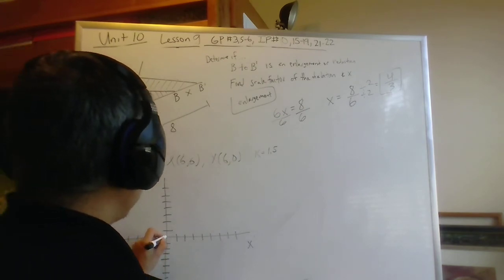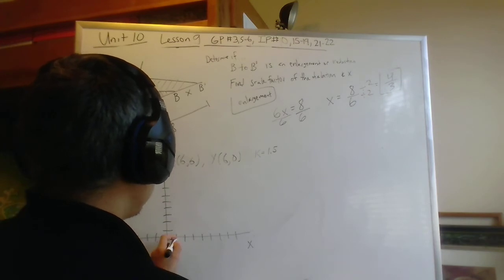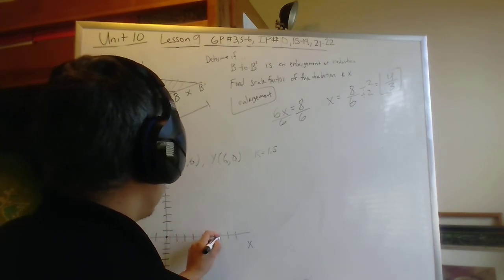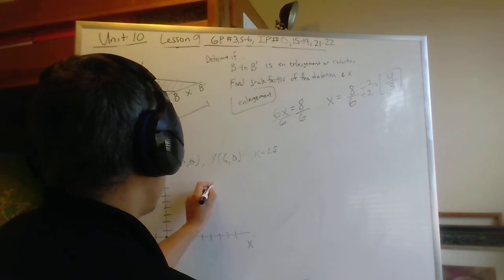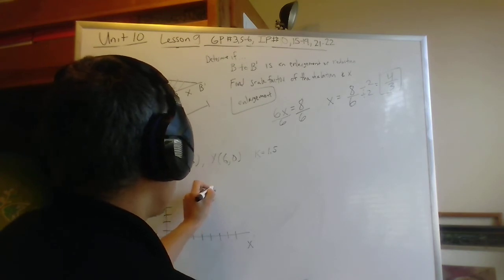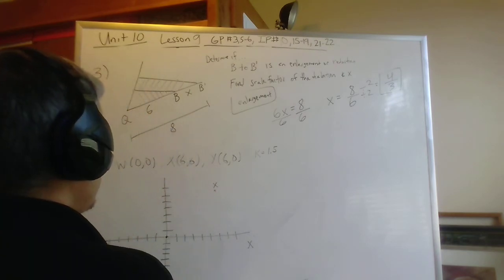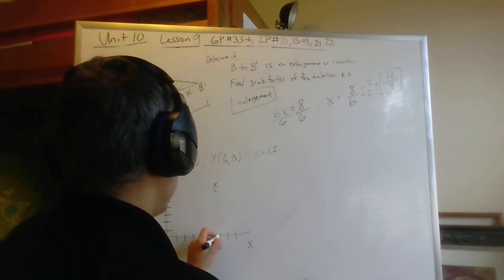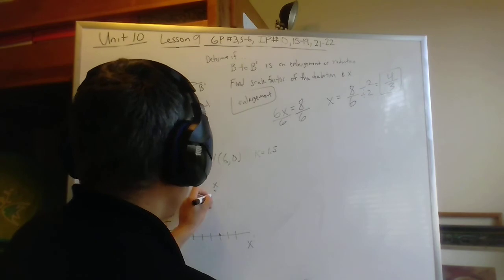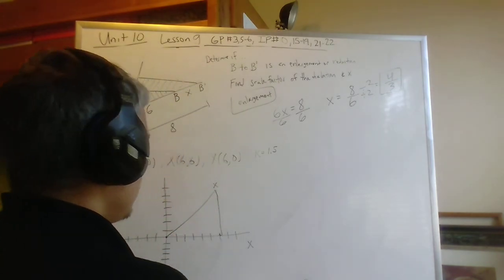W is at 0, 0. X is at 6, 6. It's like right here. And Y is at 6, 0. So it looks like a right triangle. Okay.